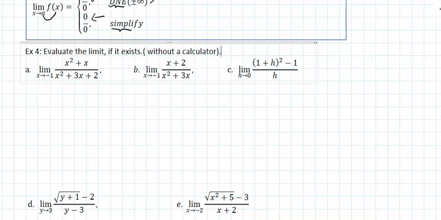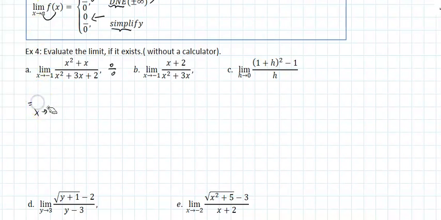In this case, we substitute -1 in and we see what happens. -1 squared is 1, minus 1, that's 0, over 1 minus 3 plus 2, which is 0. If it's rational, it's simple.